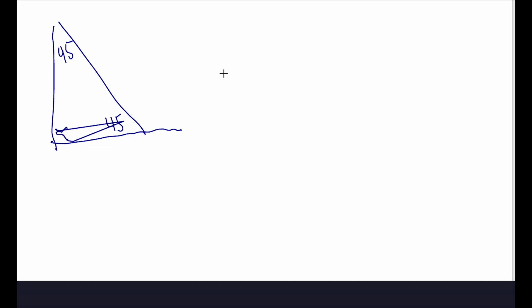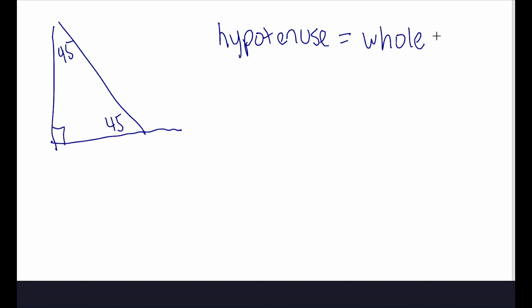There are a couple more situations you could be given. What if you're given a hypotenuse that is a whole number? So for example, our hypotenuse is 6.